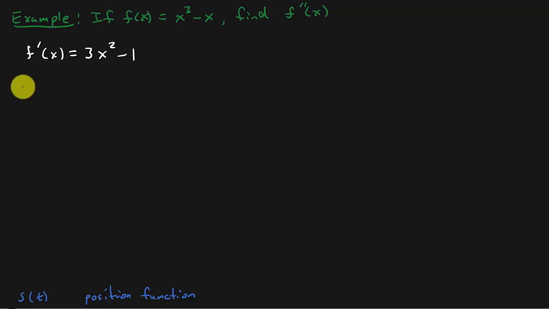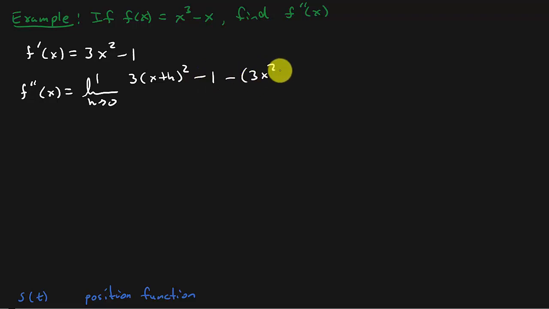So let's do f double prime. That's going to be the limit as h goes to 0 of 3 times x plus h squared minus 1 minus 3x squared minus 1, all over h.